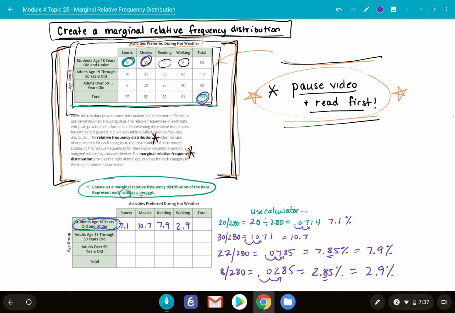And then what we're going to do is add this entire row. So we're going to add all of these together, and we'll end up with a total for this row, which is 28.6%.